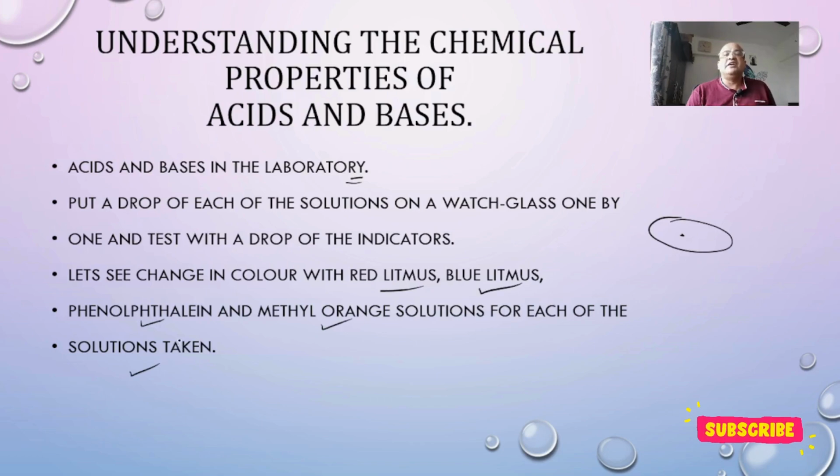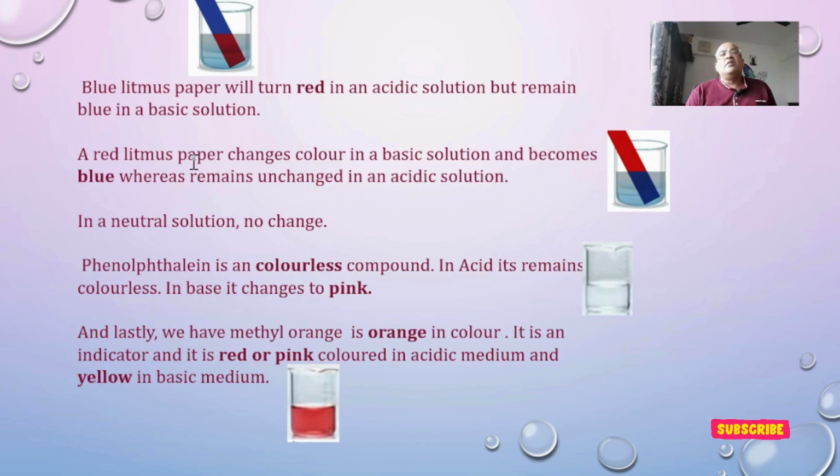So we have taken different acids and different bases, and we have used the litmus paper, red litmus, blue litmus, phenolphthalein, and methyl orange. Now let's see what we are going to observe. Blue litmus paper will turn red in an acidic solution but remains blue in the basic solution.